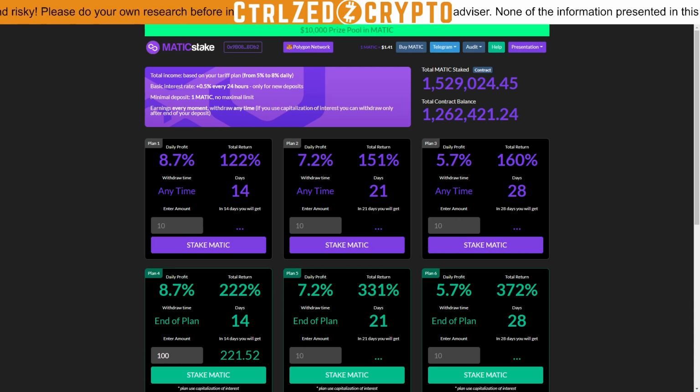So, I just released a long video talking about Multimatic, and I've been doing a lot of work today and yesterday to redo my model of fixed term ROI contracts. I was having a look at this fairly new one called MATIC STAKE that went live in just over the last 24 hours, so it's very new.